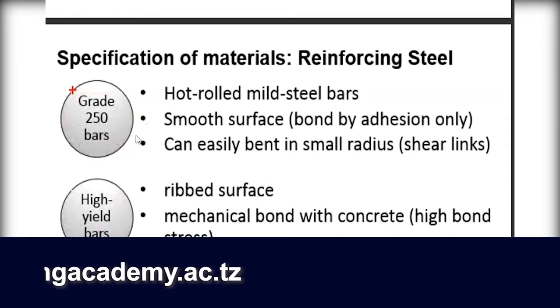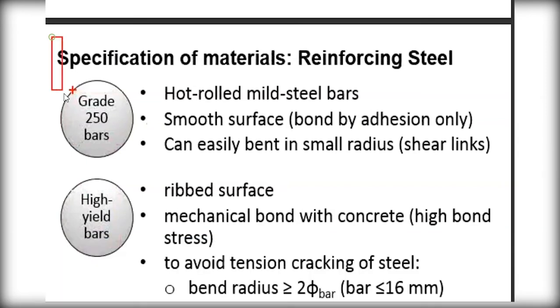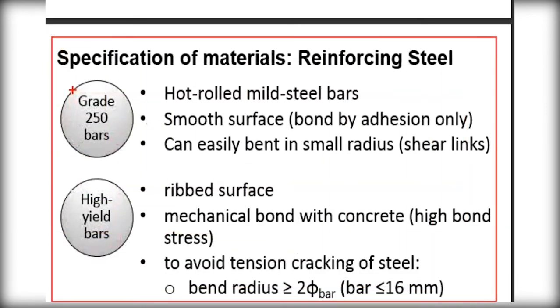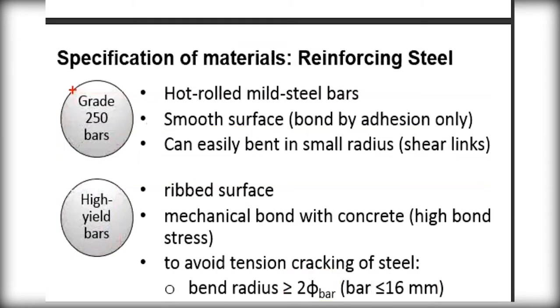So generally, as we said, that is the specification of the steel, and the bending radius is about 2.2 times the bar diameter, and it should not be less than 16 millimeter. So pass through this factor, and you can look at the importance of each one.